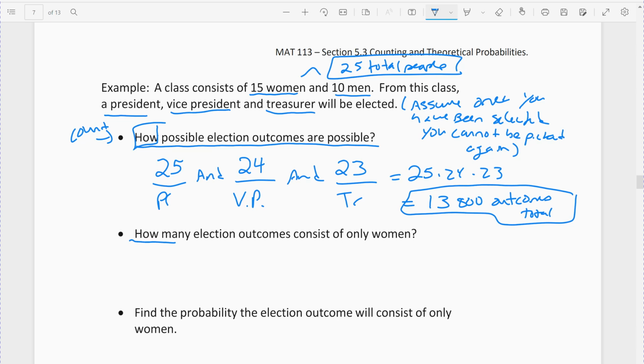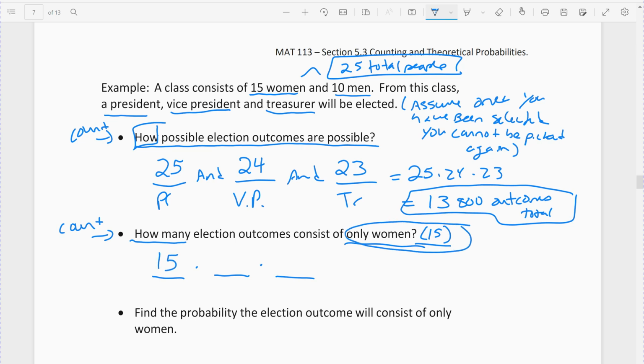All right, how many, which again would be a count, consist of only women? Out of my 13,800, how many of those outcomes consisted of only picking from the women? So we only have the 15 women to select from. We're still going to pick a president, a vice president, and a treasurer, but only from the women. For president there were 15 women.